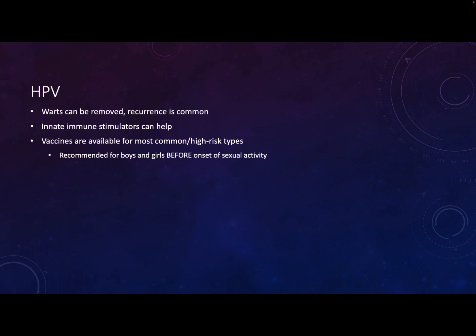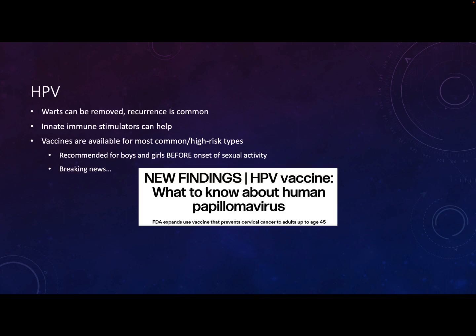The recommendation is to give it before the onset of sexual activity. So I believe that the age that they'll first start doing the vaccination is 11 or 12 for the pediatric patients. But for breaking news, there are new findings that it can still be effective even in adults who have become sexually active and may have been exposed.